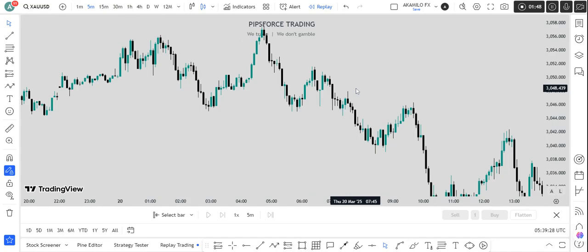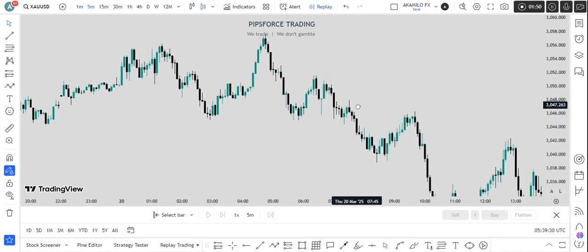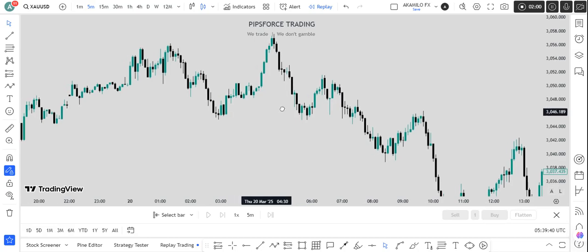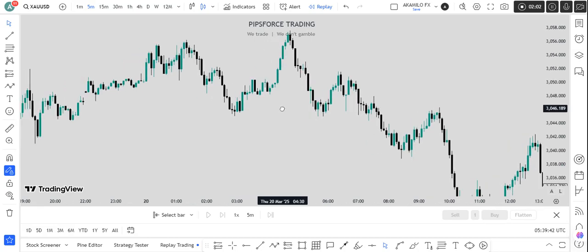I'll show you in a diagram before we come to the live market, so you can find it very easy to identify whenever you open your live market. And this particular strategy, let me just call it a strategy or a style, is applied in all markets, be it gold, GBPUSD, EURUSD, Bitcoin, anything that presents a chart.